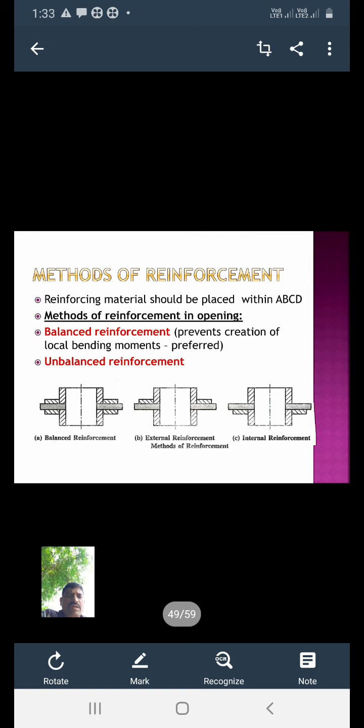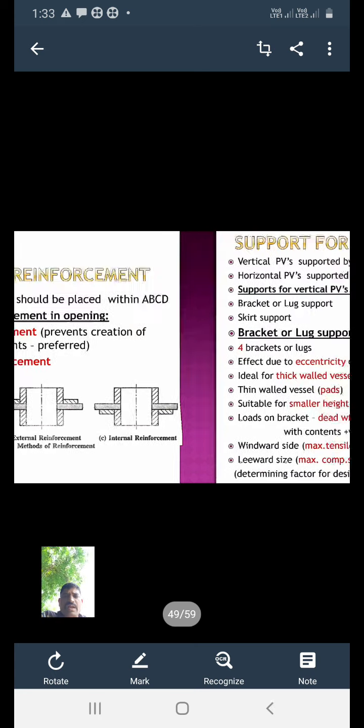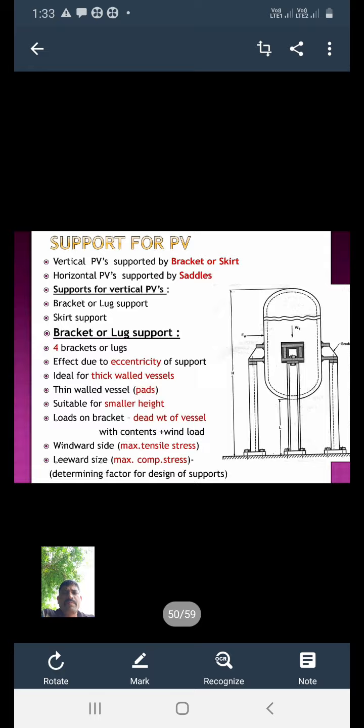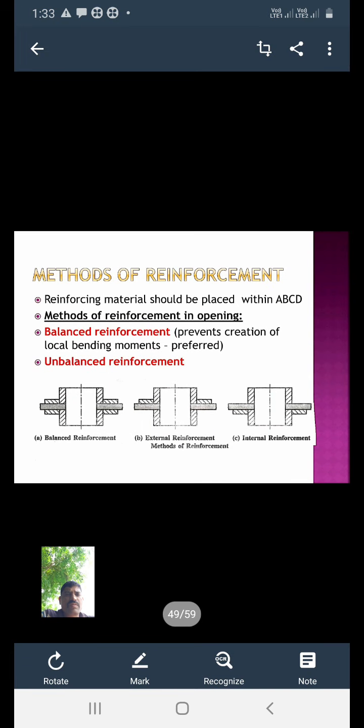Okay, the balanced reinforcement prevents the creation of the local bending moments. That's why we prefer that method. Then next, you have been given the different types of attachment of the nozzle with the pressure vessel shell. Okay, remember that.